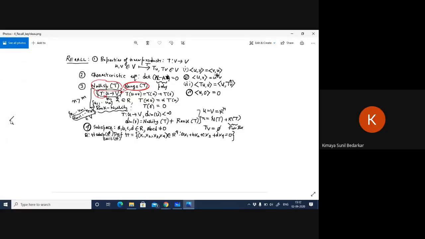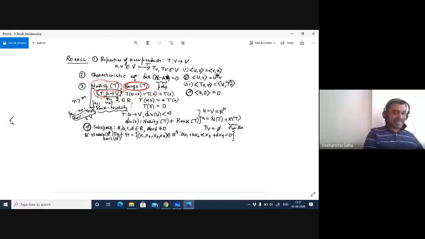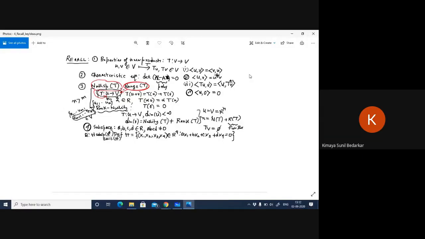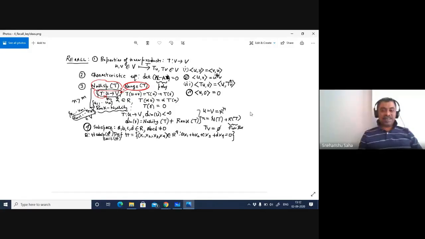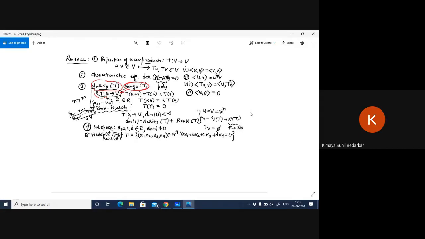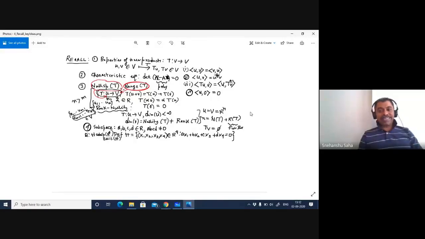All right, let me see what I can do. On the LHS, TU is the linear transform, and on the RHS you have U comma T transpose V.